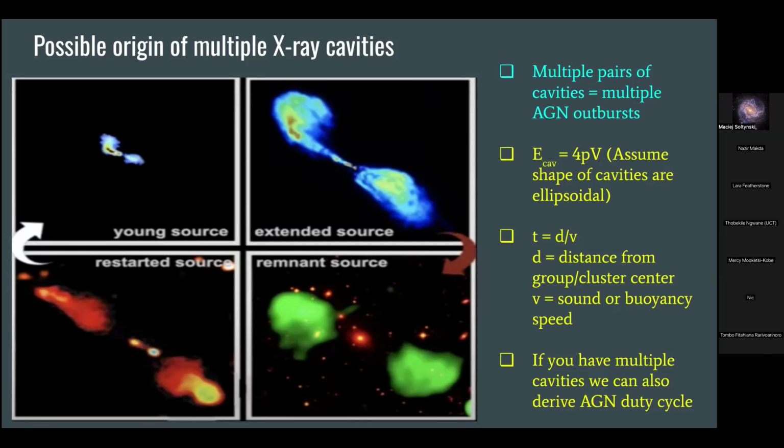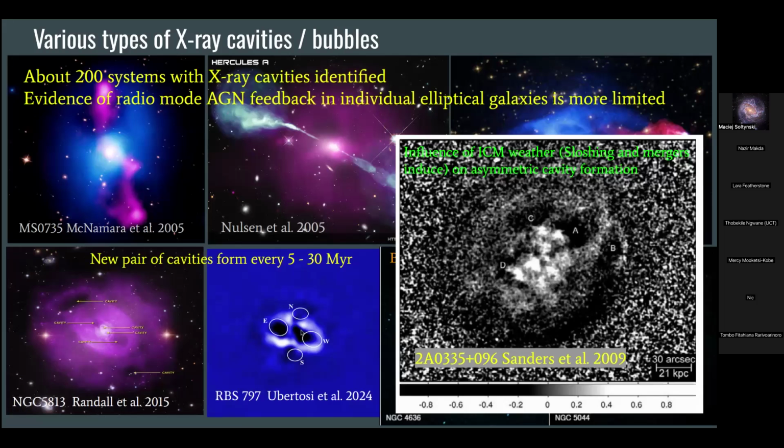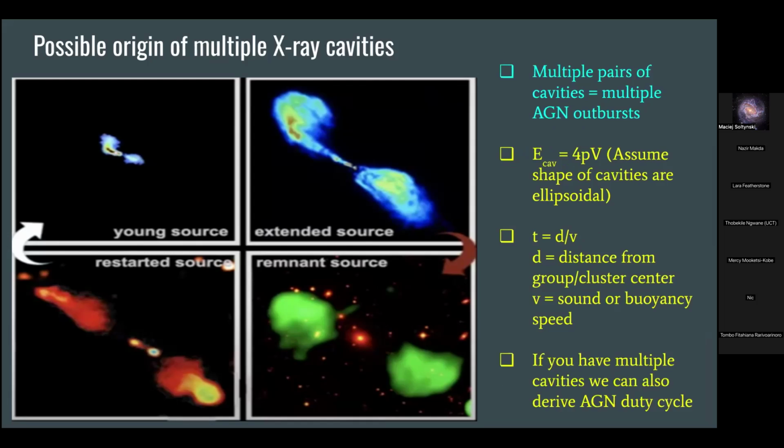And if you see this system with orthogonal cavities, this is the possibility of jet angular reorientation, one of the things. So we can correlate multiple pairs of cavities with multiple AGN outbursts. And this is mechanical, so we can calculate the total enthalpy as 4 times the pressure times the volume, if we can measure the volume of the X-ray cavities from the X-ray images.